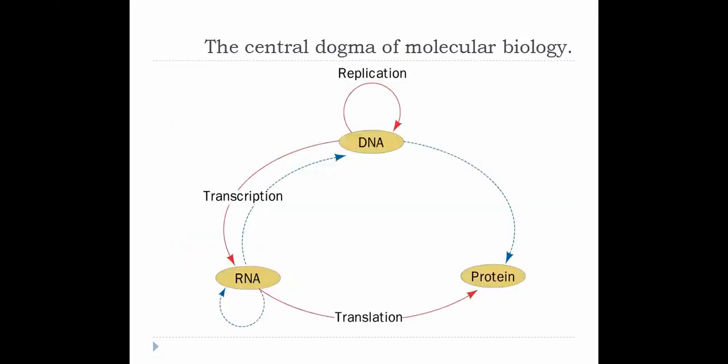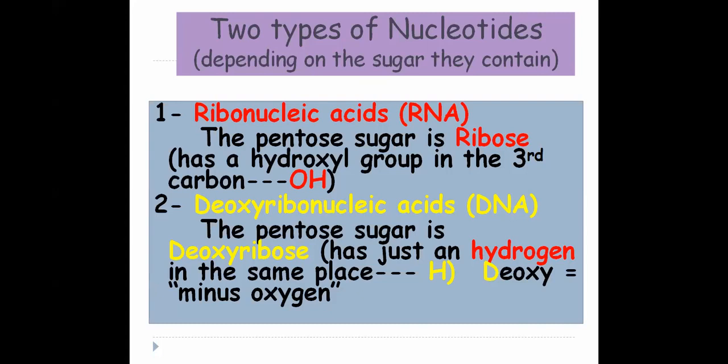So the central dogma, which you know: there is DNA, then RNA. From DNA to RNA we have transcription, and from RNA to protein we have translation. There are two types: RNA, which is ribonucleic acid, and DNA, which is deoxyribonucleic acid.